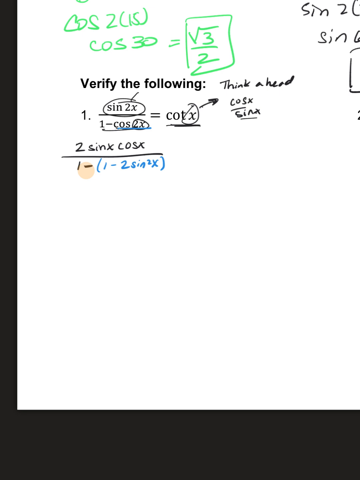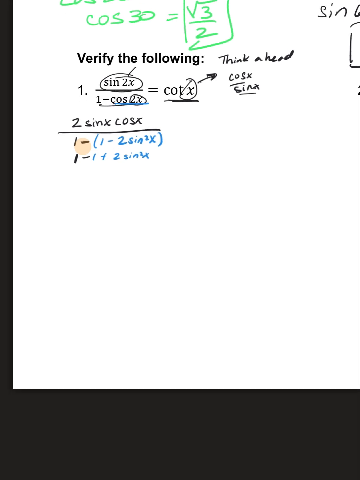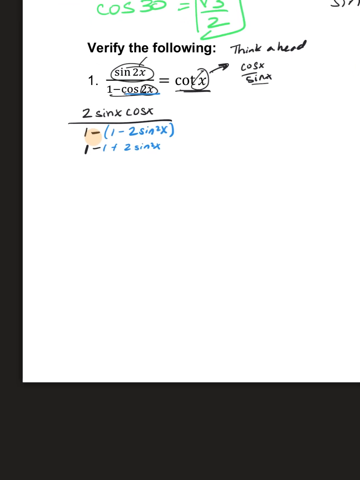So I will have 1, this 1 minus, so minus times positive is a minus 1. And then this negative times negative in front of that 2 sine squared x is going to make it a positive 2 sine squared x. Okay, so I'm just going to put that there, and I rewrote that.